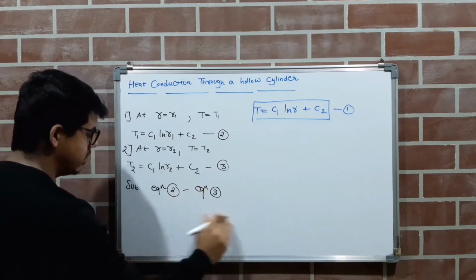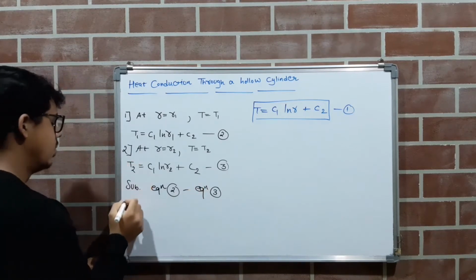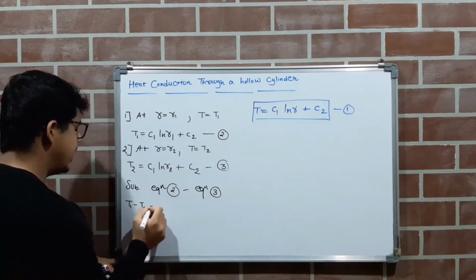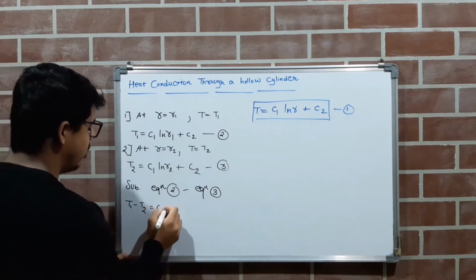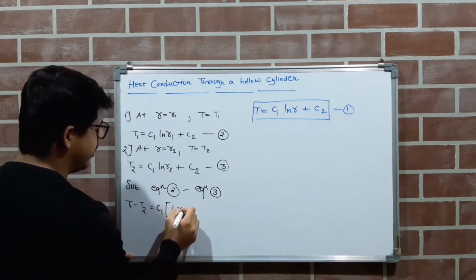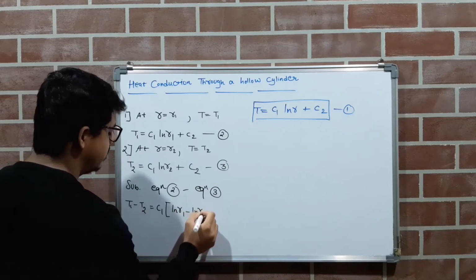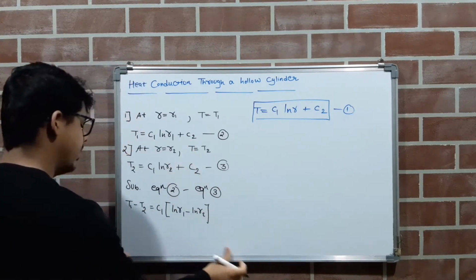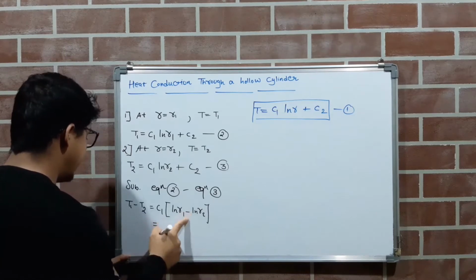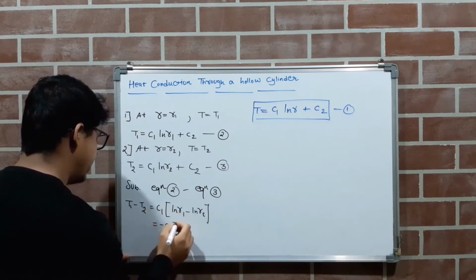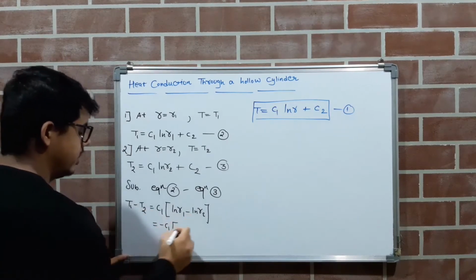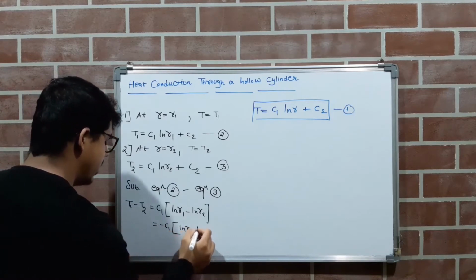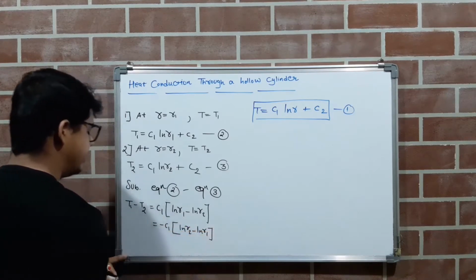Now T1 minus T2 will be, C1 will be common, into the bracket ln r1 minus ln r2. Then C2 will be cancelled. Now I will bring the minus outside, so ln r2 minus ln r1.